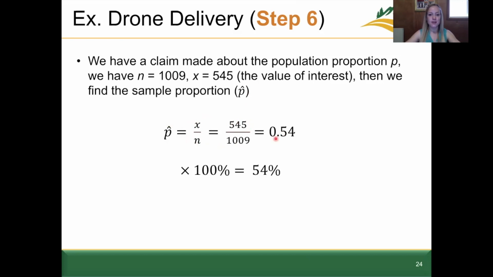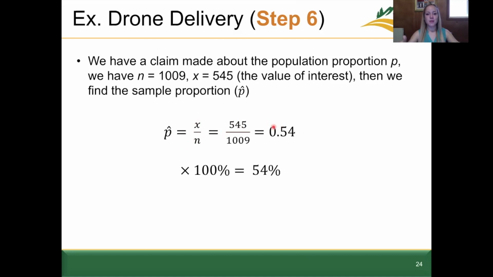If we wanted to convert that into a percentage, we definitely could. We could take 0.54 times 100% and get 54%. Now, for our p hat value, we do not want to convert that into a percent. We want to keep that in its decimal form. So formally, we find the p hat by taking our value of interest divided by the total number of samples. Here, for this case, we get a p hat value of 0.54.